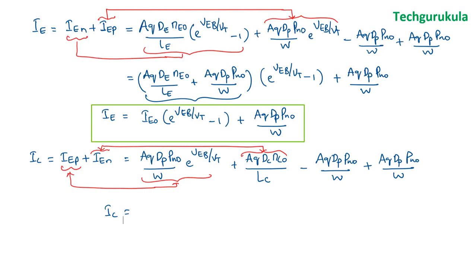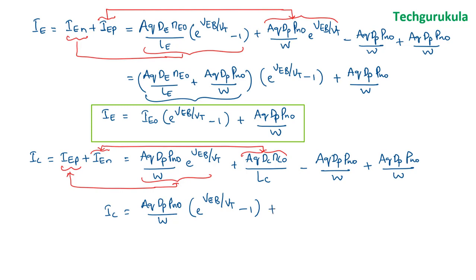So we can rewrite this expression as IC is equal to this term minus this term. I can take this term common, where I would get AQDP Pn0 over W times e power VEB over VT minus 1. Now we are left with these two terms.